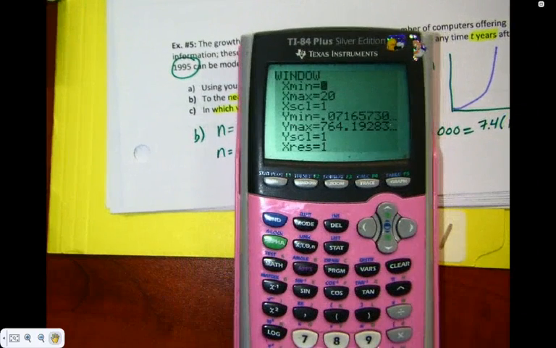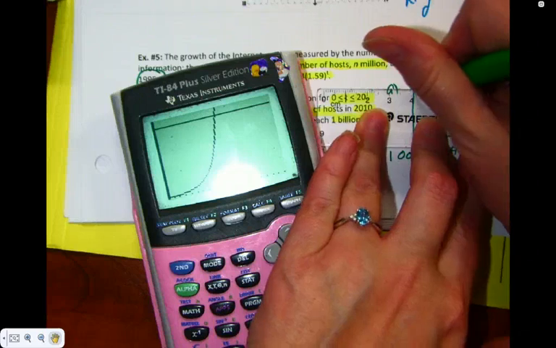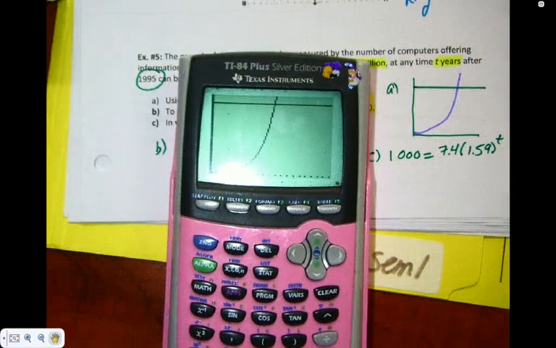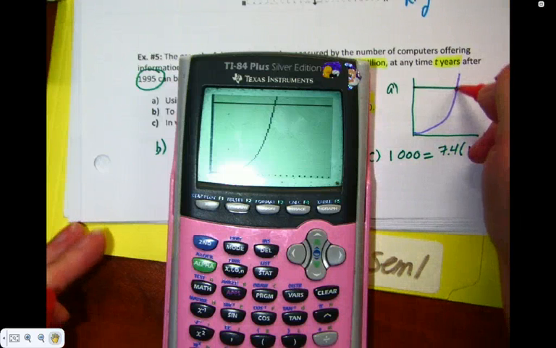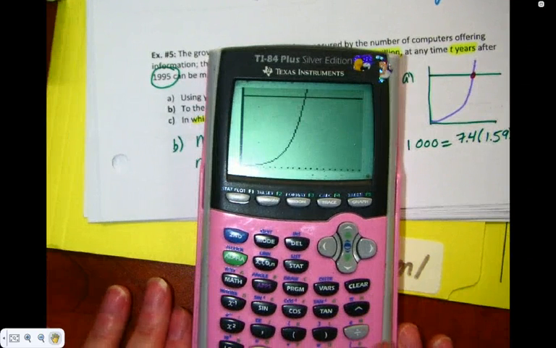So what do we want the window? 1,100 I heard was the offer. Okay, so I'm just going to add that to our diagram. That was our max, because we need it to be at least 1,000. For X or Y? Y. Now what?